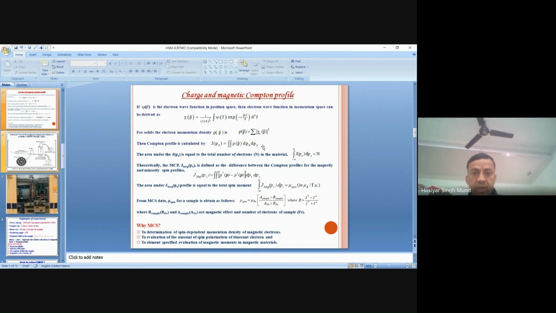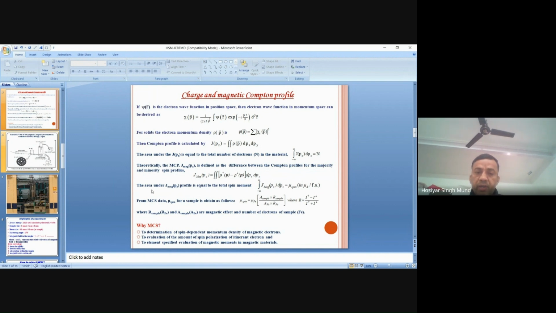So if we measure the charge Compton profile separately for spin up and spin down electrons, and subtract them, we can calculate the magnetic Compton profile by subtracting the minority spin electrons from the majority spin electrons, and this separation is given by this equation.